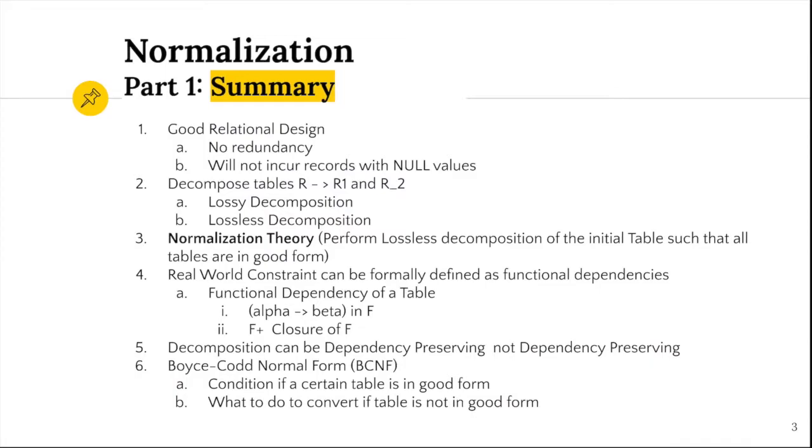And also note that not all possible decomposition of a table is good. May mga certain types of decomposition na tinatawag na lossy, and then meron namang mga lossless decomposition, which is the ideal case for us. So the idea of normalization theory can be rephrased by performing lossless decomposition doon sa initial table such that all the resulting tables are in good form. So important na lossless, and important then that all the resulting tables are in good form.